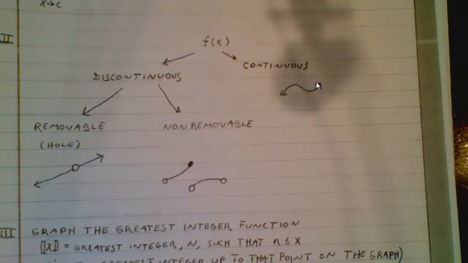A lot of what we see, though, is within a certain graph, we might see that it is continuous within a certain portion of the graph, even though it's discontinuous as a whole. Let me show you an example of that. This is on page 88 of your textbook.